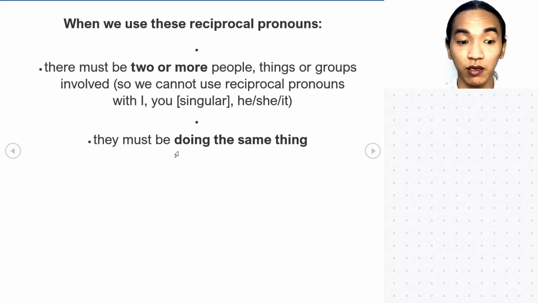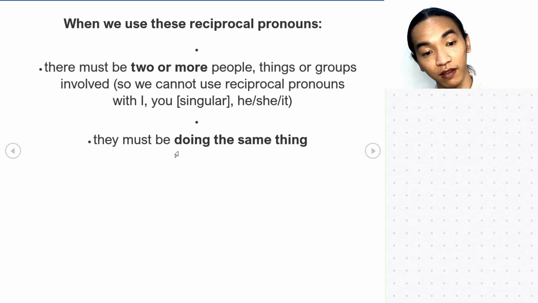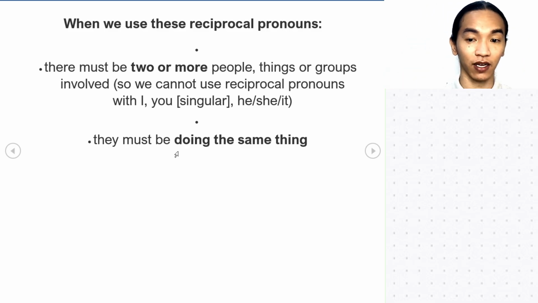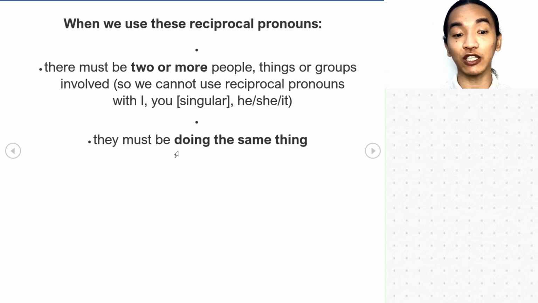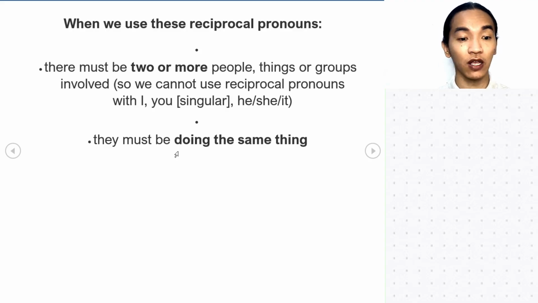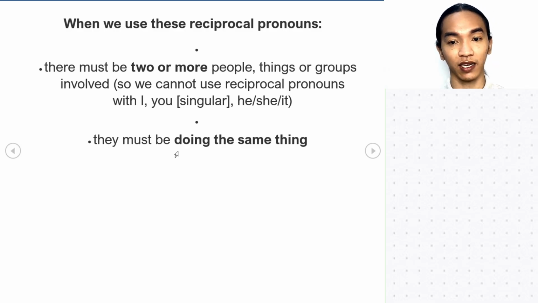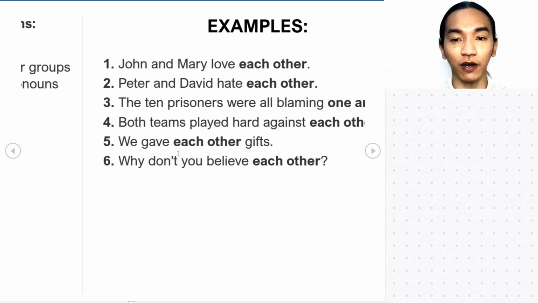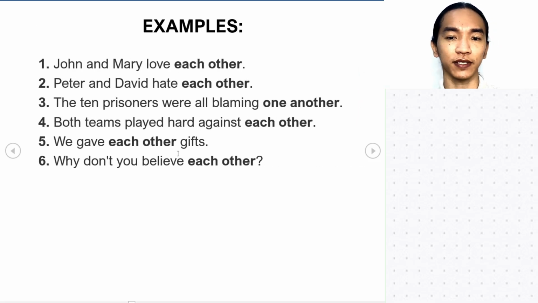That's why they are reciprocal. One is doing to the other and the other is doing it back. Okay, now the second idea is they must be doing the same thing. Okay, we cannot use reciprocal pronouns if the actions of your subjects or the topic that you're talking about in the sentence are different. That's why it's reciprocated. Okay, so now let's see some examples here.